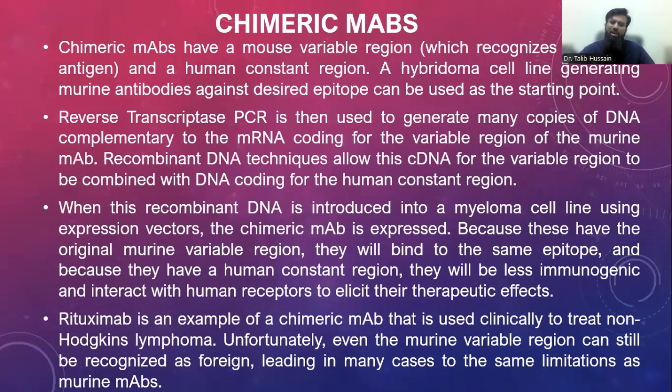So recombinant DNA can be developed in which the variable region of the mice, murine, and a constant region of human can be designed. And then we combine this recombinant DNA with myeloma cells using expression vectors, for example, this can be of the mice or this can be of the human myeloma cells.